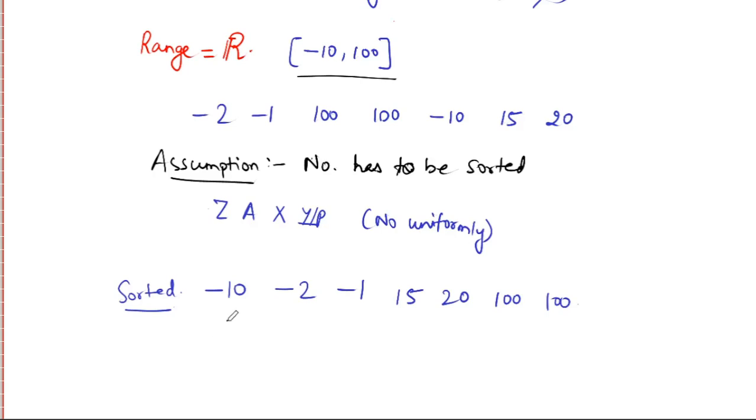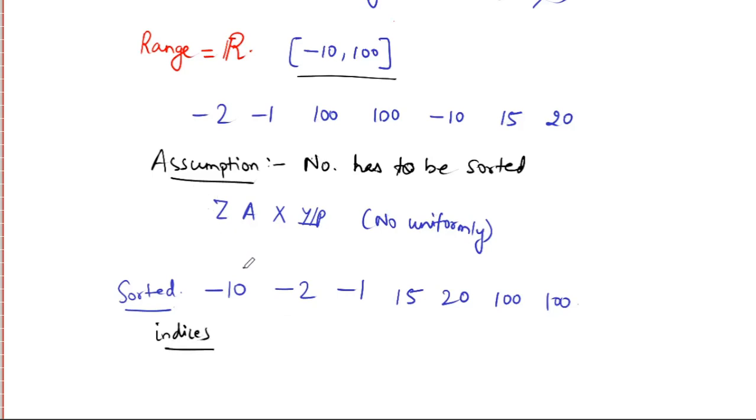Now since it has to be divided in two halves, how should one divide the halves? For that, one has to make use of indices, and based on that the range will be divided.